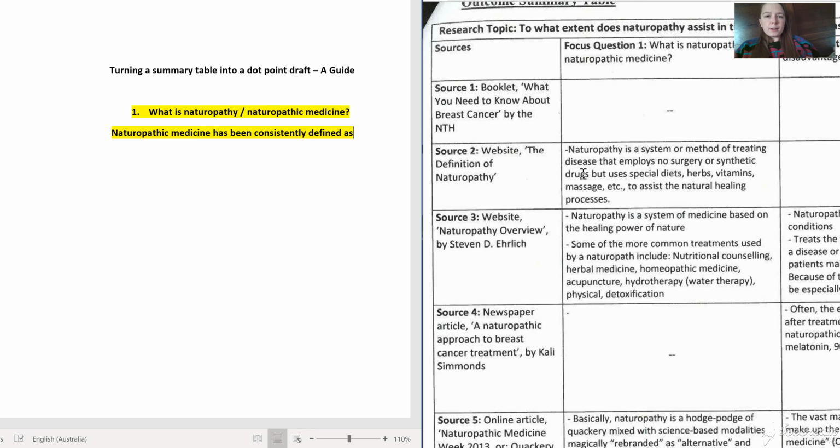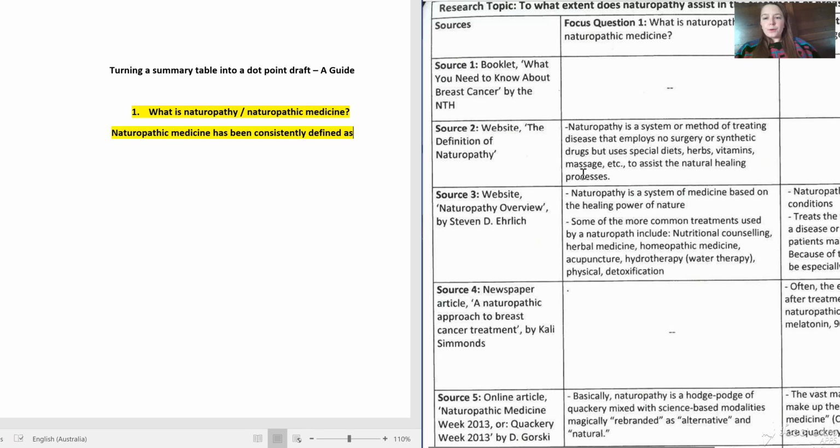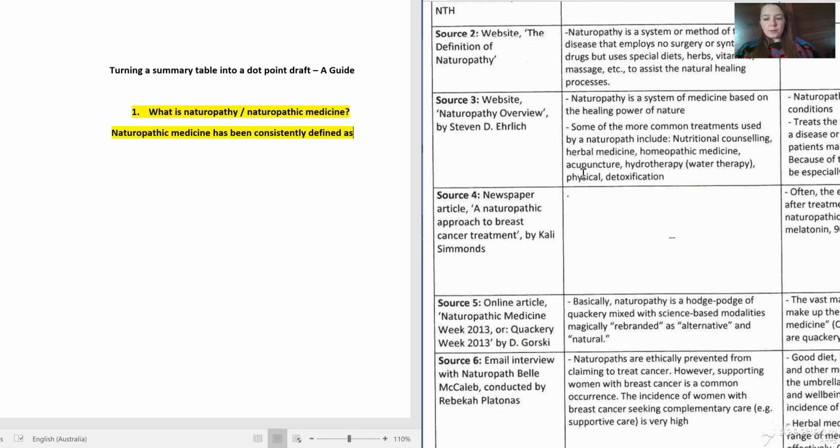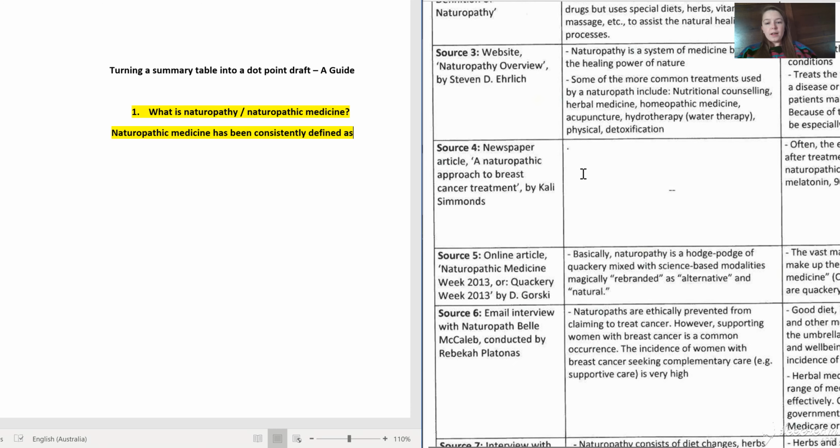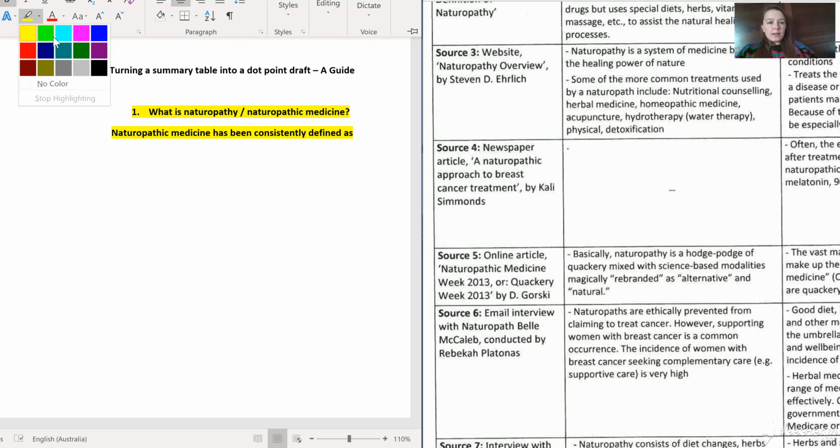And in the topic sentence, or the first sentence you write, you want to be summarizing in your words as much as possible. We want to have an overview of what you have discovered. So in this, I'm seeing things like it's natural, there's no synthetics, it's often based on an alternative understanding of medicine, etc. So I've got my question in the first part, and then I'm taking my ideas into the second part of my sentence.